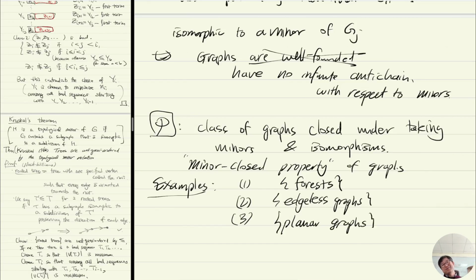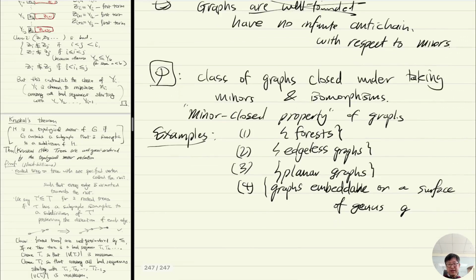Every minor of a planar graph is planar. Or graphs embeddable on a surface of genus g without edge crossings.